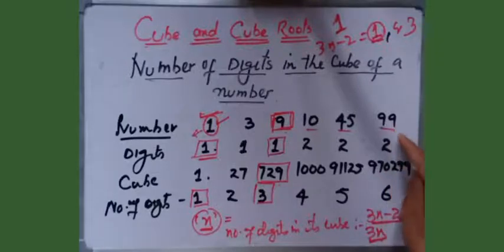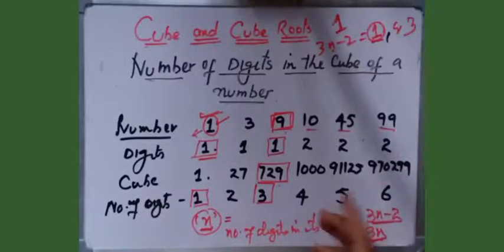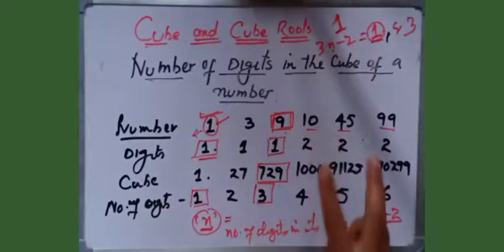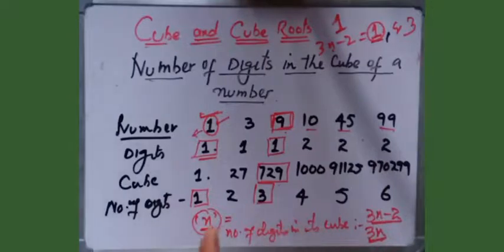In the case of the greatest 2-digit number, the number of digits in its cube is 6, right? As we go from the smallest 2-digit number to the greatest 2-digit number, the number of digits increases. If the 2-digit number is smaller, the number of digits will be 3n-2.